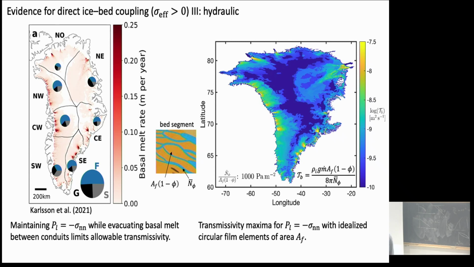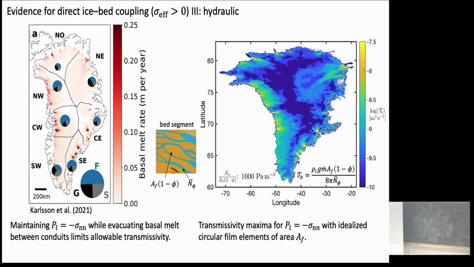Unfortunately, I don't know the sizes of these areas. I don't know the volume fraction of water at the bed, or the volume fraction of water in these areas, I should say. I do know the average effective stress. But effectively, I have to just take this as a parameter. It shows up as a ratio. I have to assume something. I have to defend it. I don't actually know it, so it's not definitive.